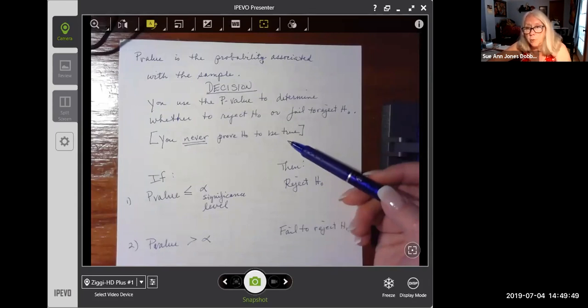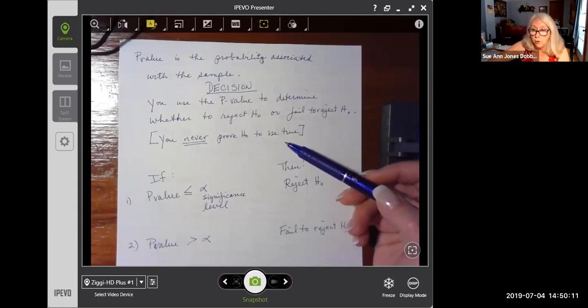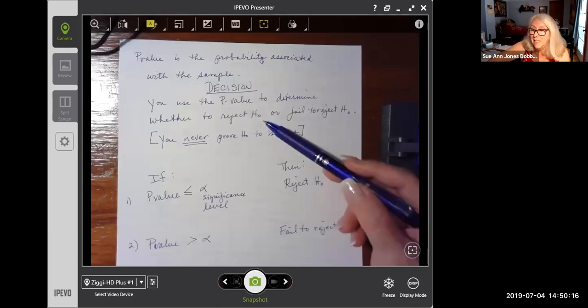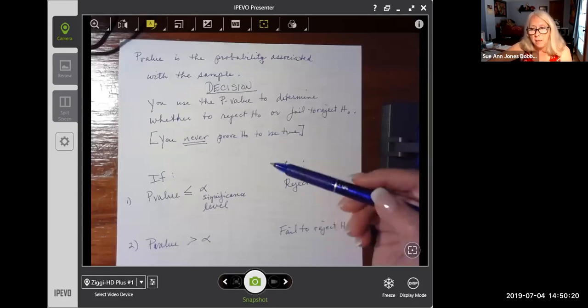And failing to reject the null hypothesis is not the same as proving that the null hypothesis is true. Okay? So let me give you a tiny little example of that. The same kind of scheme is used in court. So the null hypothesis is innocence. When a jury decides that you're guilty, what they're doing is rejecting the null hypothesis of innocence. But no jury ever comes back with the verdict of innocent.